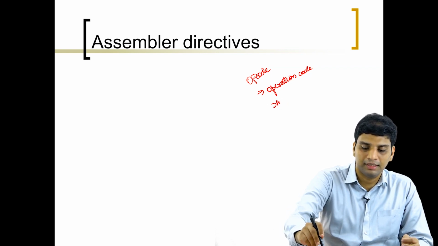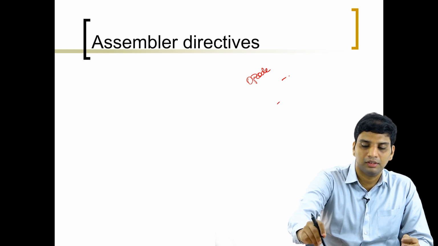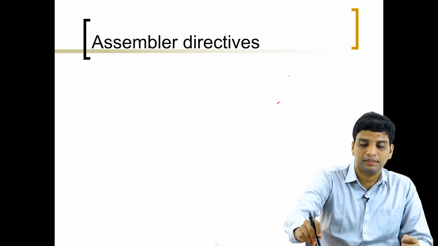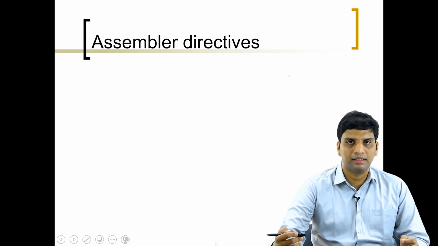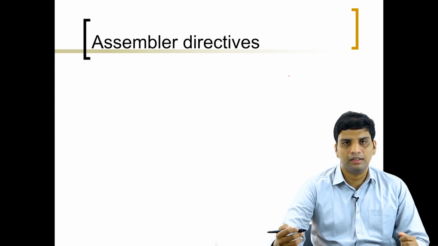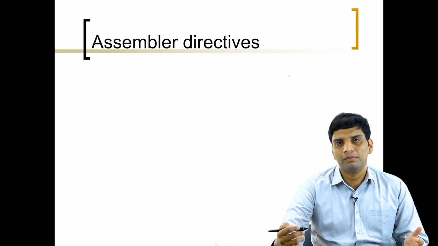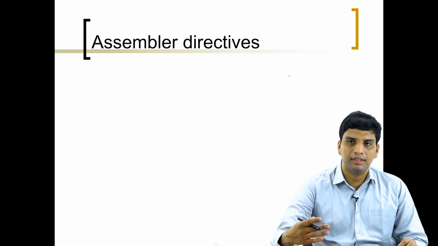Now we are going to discuss what is an assembler directive. There are certain instructions in assembler that will do only their specified task. You cannot make this assembler directive perform an extra task. It will do only that particular task, and we will see them one by one.